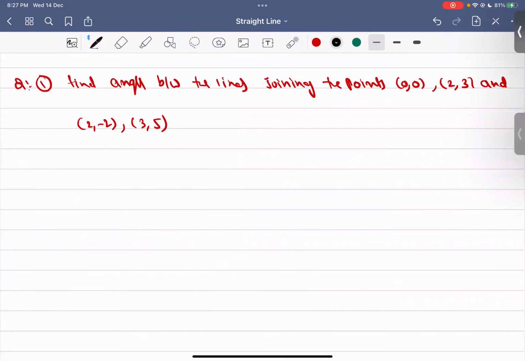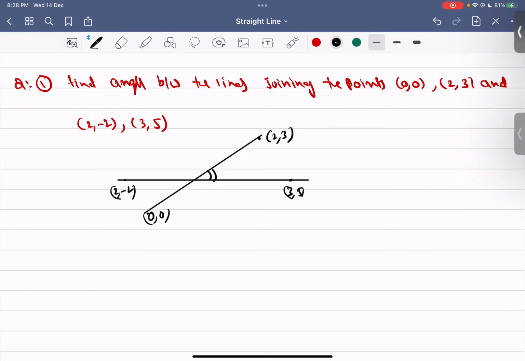Suppose this is one line, this is another line. So this is (0, 0) and (2, 3), and this is (2, minus 2) and (3, 5). This angle is being asked. To find the angle between these two lines, suppose this is A and this one is B, this is C and this is D. First find the slope of AB, which you consider as M1.